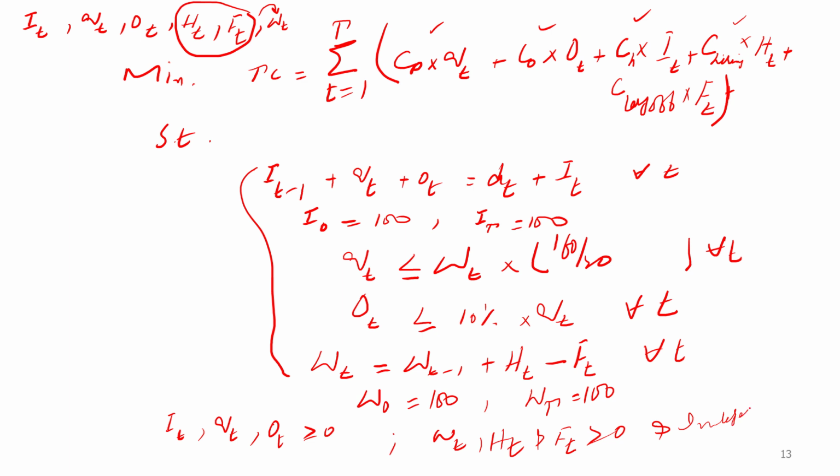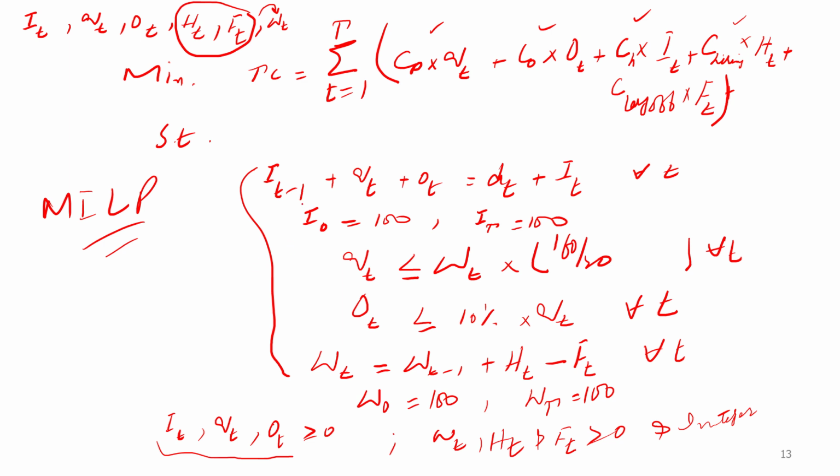So these three variables are integer and the others are continuous, which is why this is called a mixed integer linear programming model. If we restrict the other variables to be integers as well, then it becomes a pure integer linear programming model.